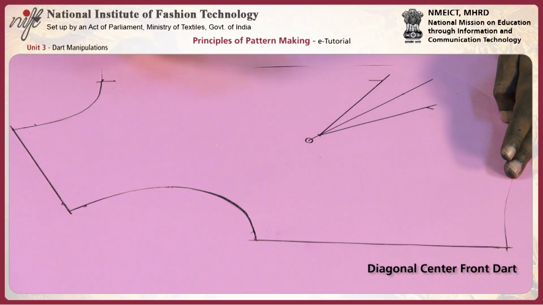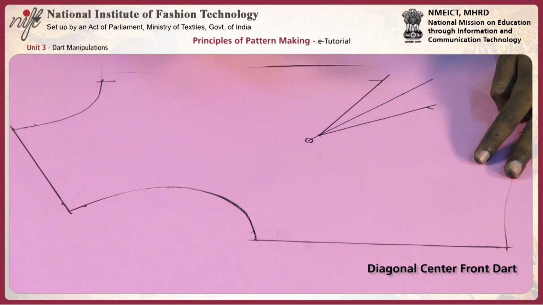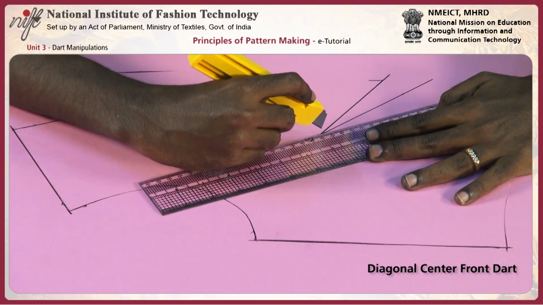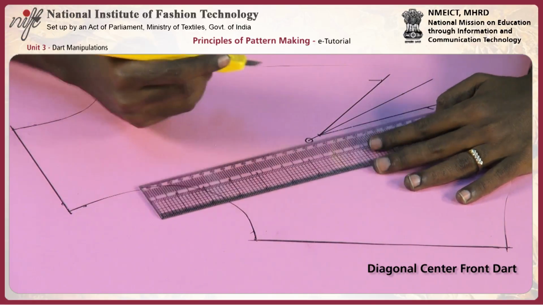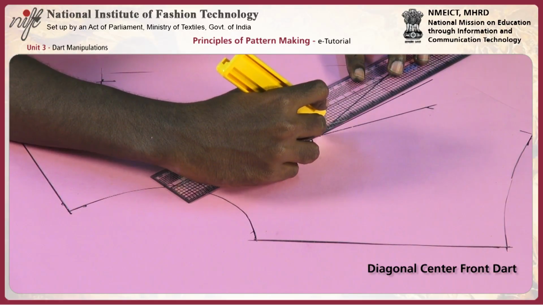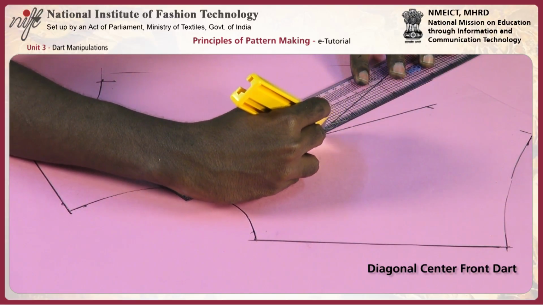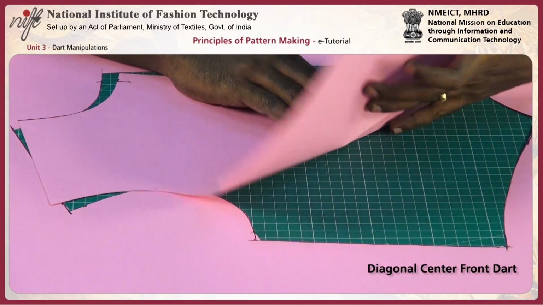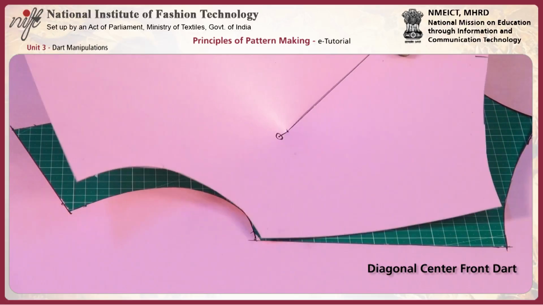Since it is a horizontal dart, you have to crease the lower dart leg. Then crease dart center line. Cup the pattern.